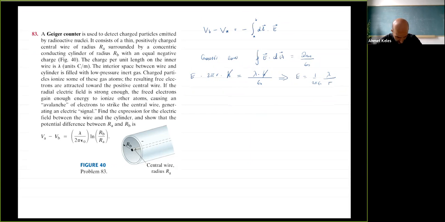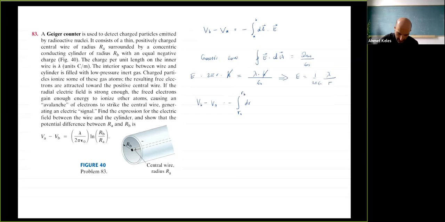They are asking about A and B. So I can just write VB minus VA is equal to minus the integral of dl, which is dr, from RA to RB.